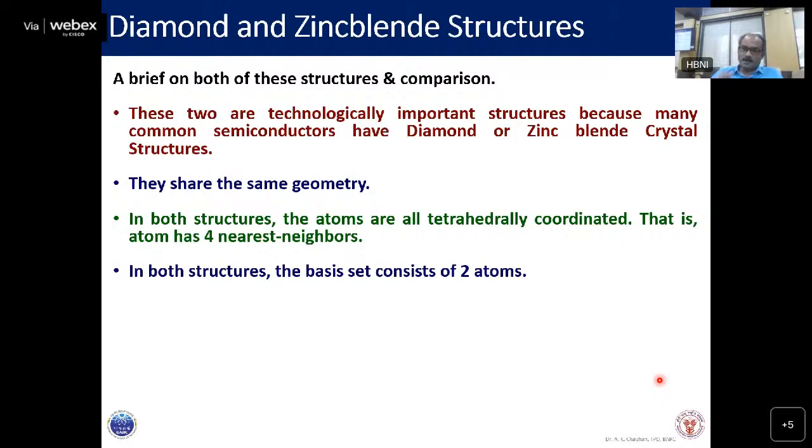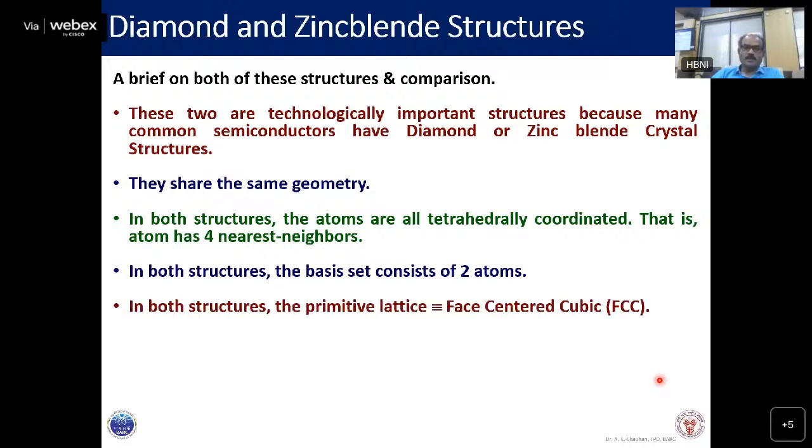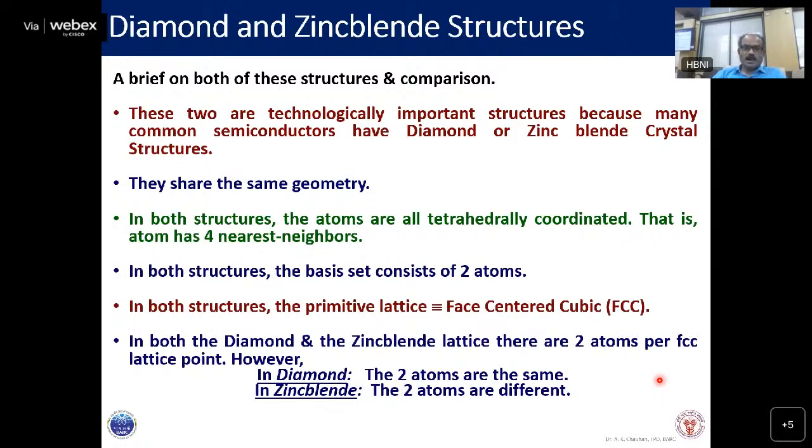In the diamond structure, they are identical atoms. In the zinc blende structure, they are different atoms. In both structures, the primitive lattice is face-centered cubic, and there are two atoms per FCC lattice point. However, as I said many times, in diamond these two atoms are the same, and in zinc blende these two atoms are different.